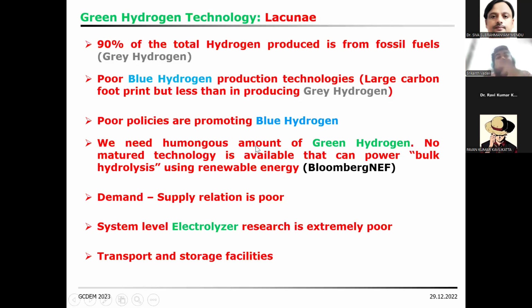But as of now, as far as my knowledge is concerned, there is nothing like green hydrogen technology, because nowhere in the world, with a minimal effect on the environment, is hydrogen produced on a bulk scale.